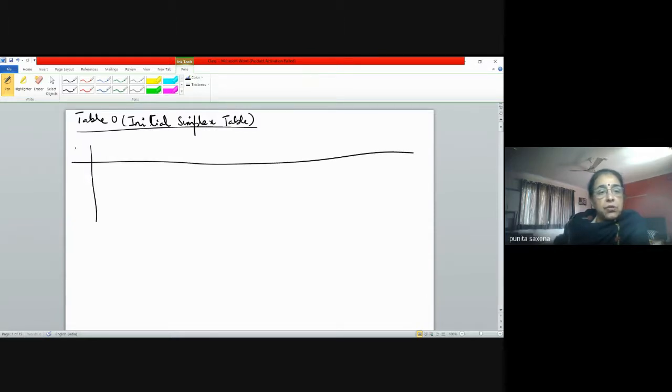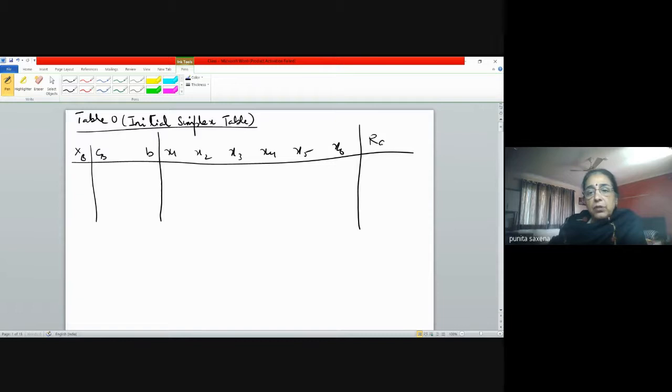I think in the first column I had written XB, then CB, B, and then all the variables, including decision, slack, everything: X5, X6, and the last column I had left for the ratio to be evaluated.